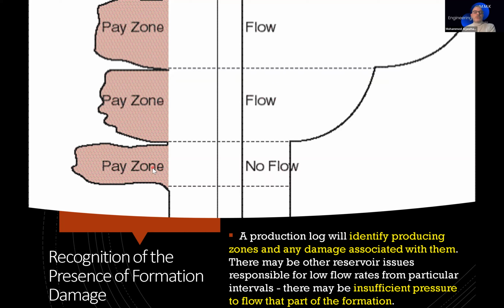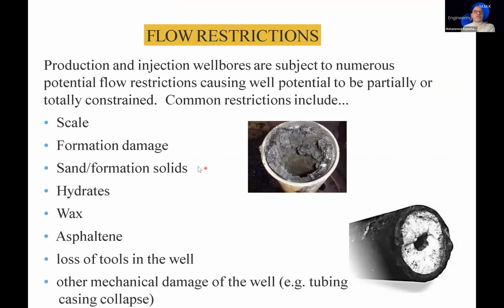Is this reservoir issue responsible for the low production rate from this formation? So how can we deal with that low production rate? What is the problem, and what is the sufficient remediation to overcome this insufficient pressure or flow from this formation? Taking this into consideration, we can think about the flow restrictions.